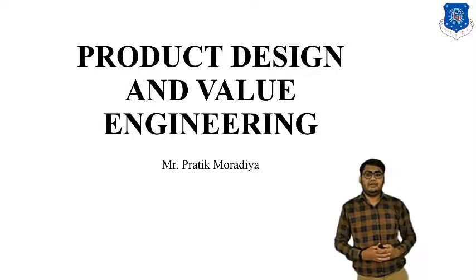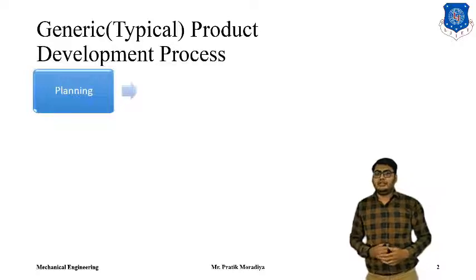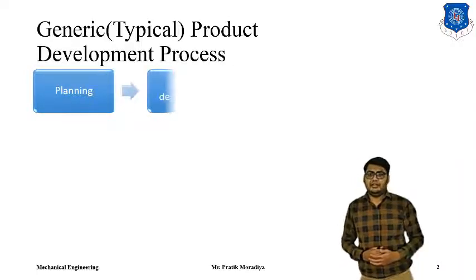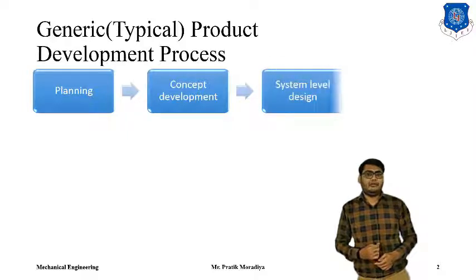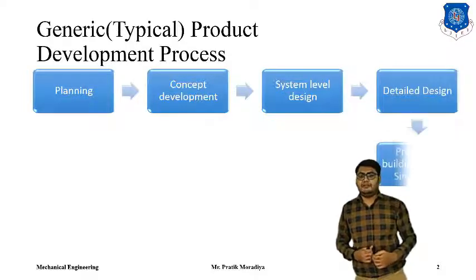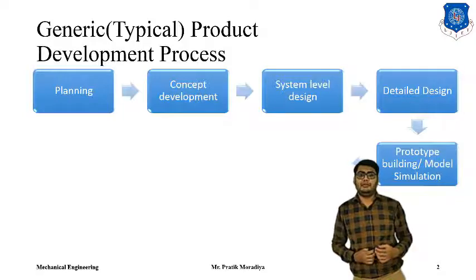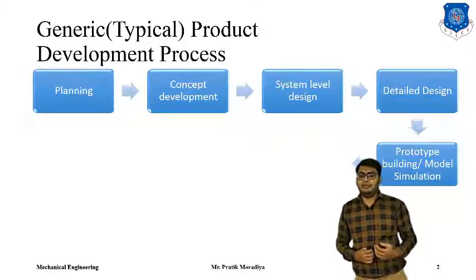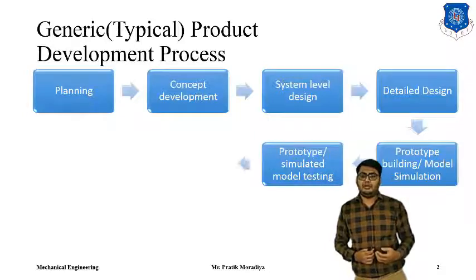First, let us see how a generic product design cycle looks like. It will start with planning, then there will be a concept development. After developing a concept, you will design a system level design, then you will go for a detailed design. After detailed designing, you will build a prototype or you will make a simulation model. And then you will test your prototype or simulated model.